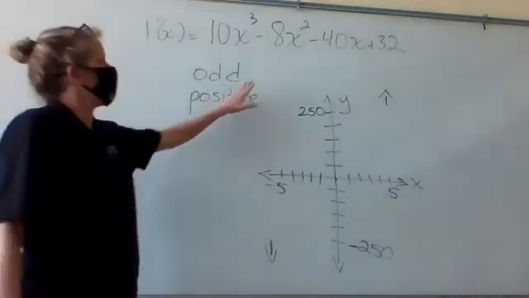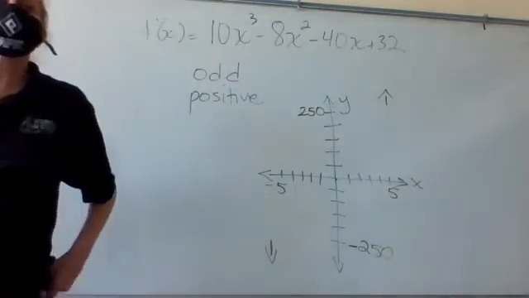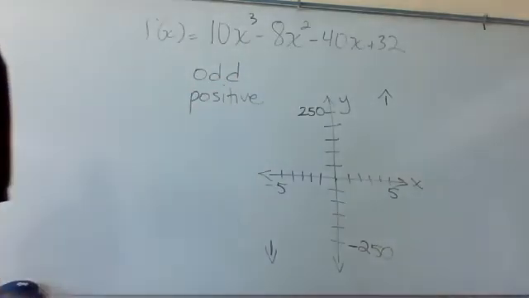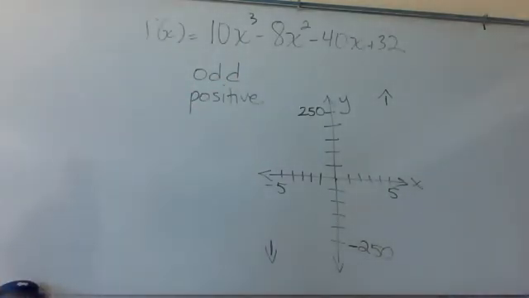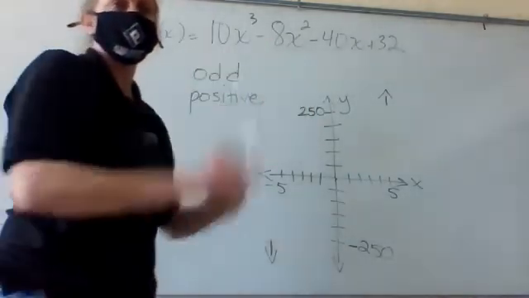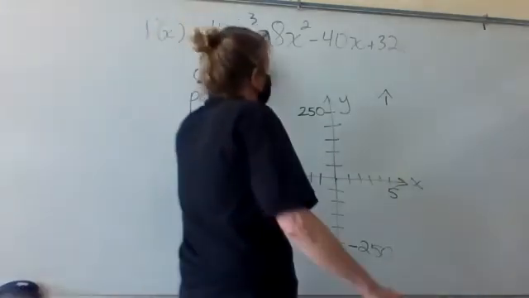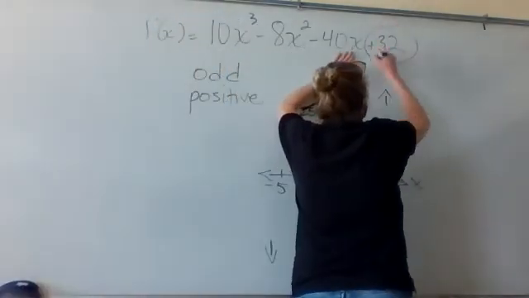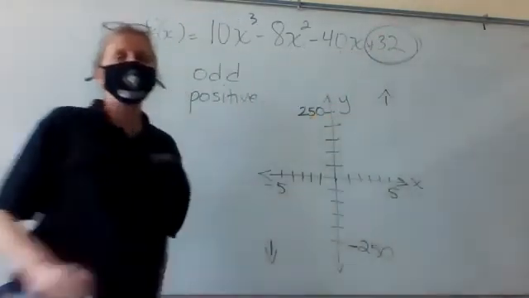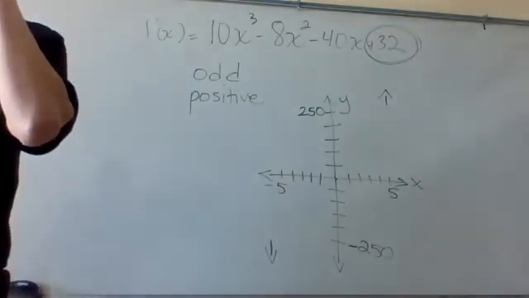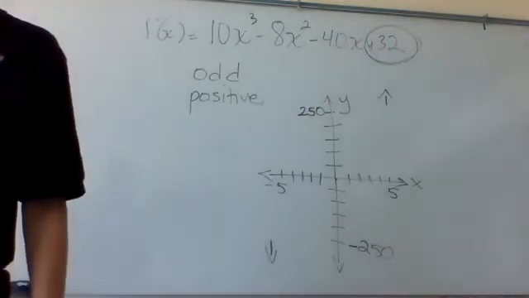That's important because I'm also going to use this to find the y-intercept, right? It's not a good problem for x-intercepts because I don't see factors. If I replaced all these x's with zeros, this is telling me it should cross through the y-axis at positive 32.